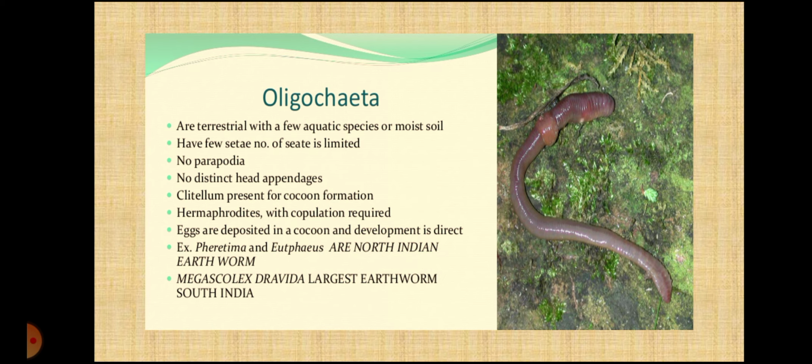There is no parapodia, no distinct head or appendages. The clitellum is mostly present for cocoon formation. They are hermaphrodite with copulation required. Eggs are deposited in the cocoons and development is direct. Example is Pheretima, the earthworm.